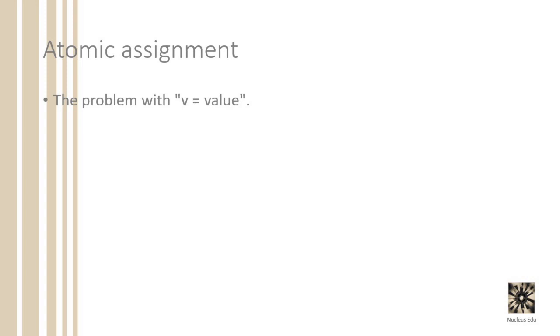The first one we're going to look into is atomic assignment. So what is the problem with v equals value? What is the difference between this and an atomic way of doing this assignment?